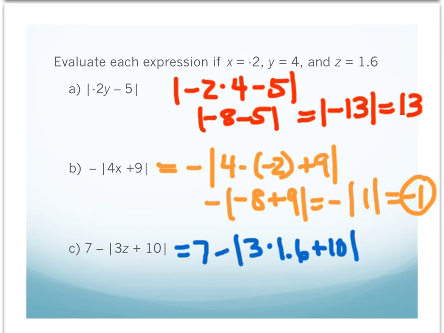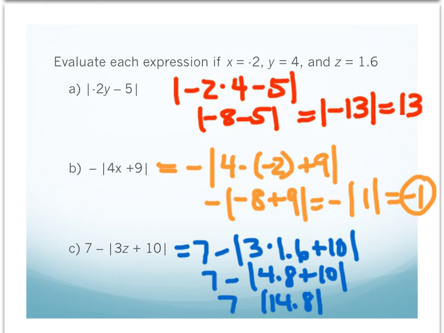So 3 times 1.6 is 4.8 plus 10. 4.8 plus 10 is 14.8. That's going to be equal to 7 minus the absolute value of 14.8, which is 14.8. I'm running out of room here, so I'm going to write it above. 7 minus 14.8 is going to be negative 7.8.